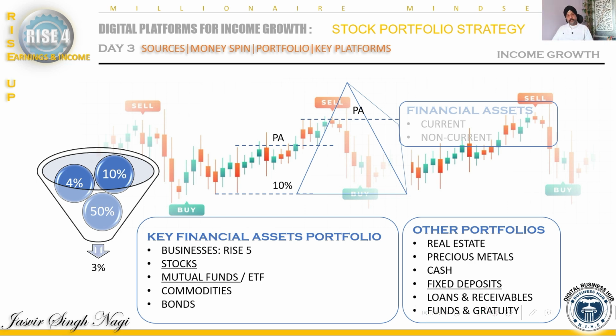A non-current asset is something that is not easily liquidatable and is done over a period of time. That means it can give you a return over a period of time, right? Real estate, for example. You might buy some real estate and keep it for some time, because it doesn't make sense to churn unless, of course, you are flipping real estate. That's a different way of looking at things.